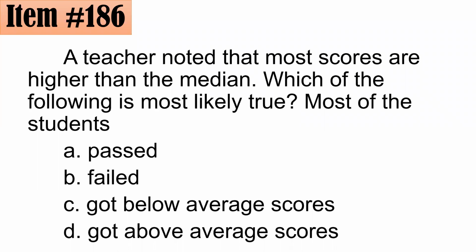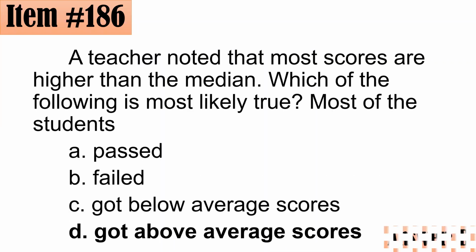Okay, many answered D. If you answered D, you are actually correct. Just like the explanation po kanina, no? If most of the scores are higher, meaning the mode, or I mean, it's higher than your median, it's implying here that the mode is most likely higher than the median.